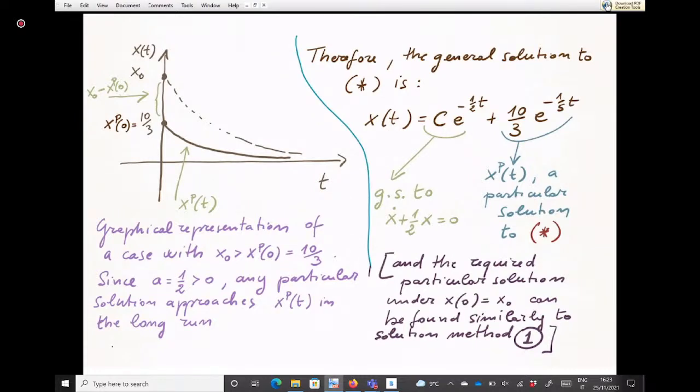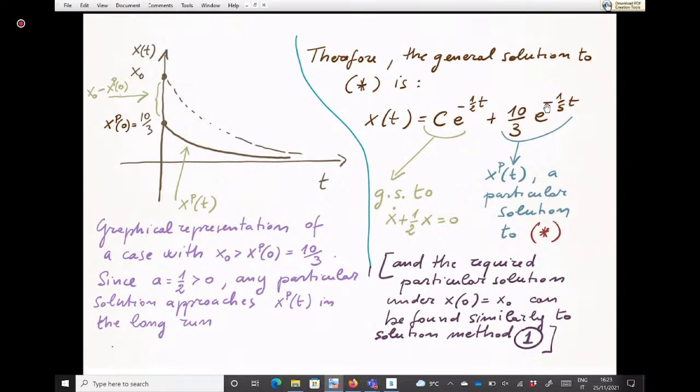This is 10 over 3 times exponential of minus 1 over 5t. If we start with a positive deviation, in the long run this deviation vanishes and we approach this solution. So this part disappears in the long run, and what is left is only this part, which is called the equilibrium solution.